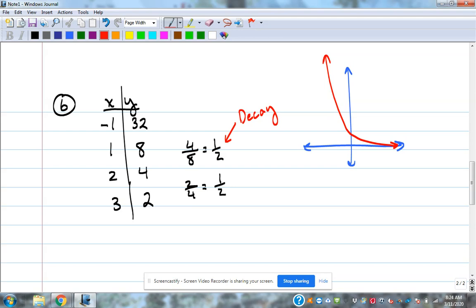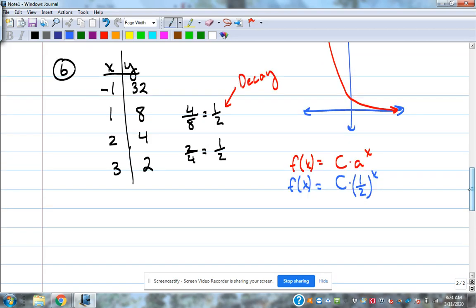So let's write our equation. f of x is equal to c times a to the x. We know a is a half. So we're going to find c. We don't have that ordered pair with the 0 in it, so I'm going to pick a different ordered pair. It doesn't matter which one. I'm going to pick 1, 8 because that's easy to do.